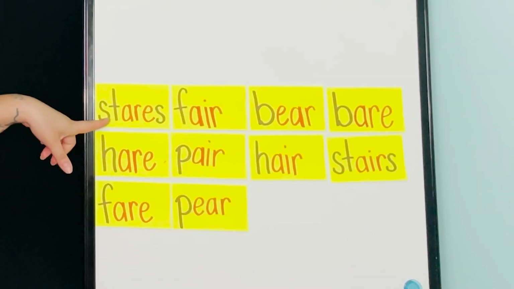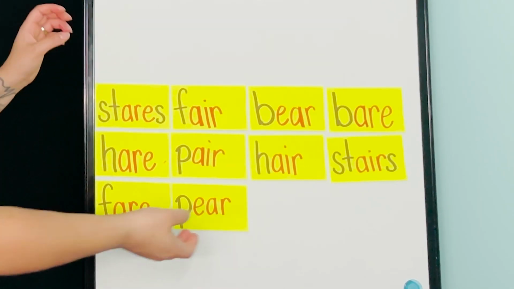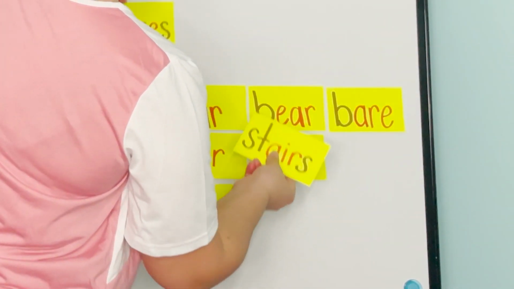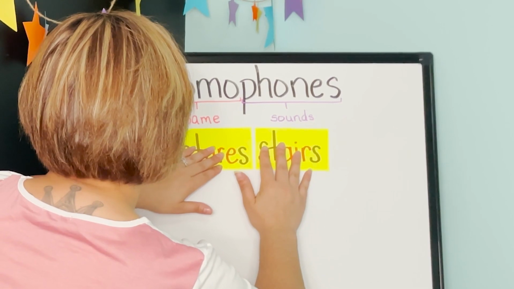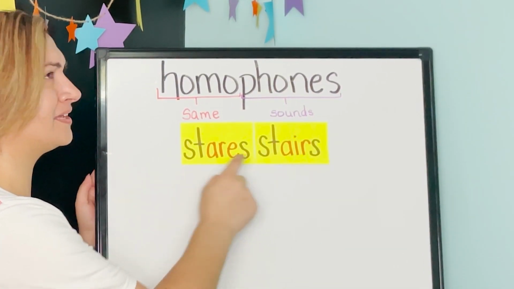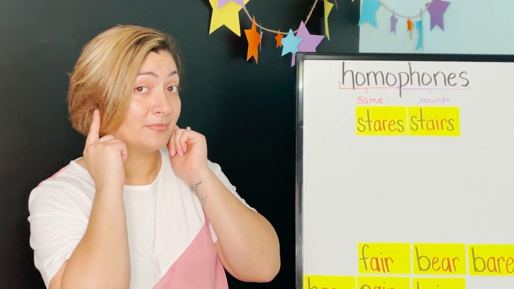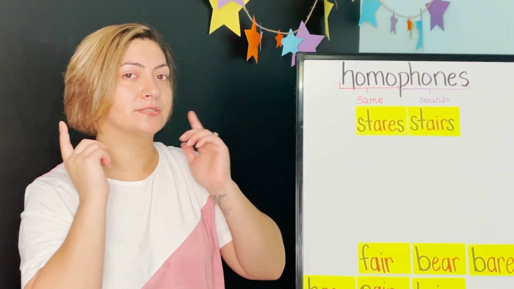All right, let's start with this first one, stairs. Did you see another word that also said stairs? Yes. Nice job. Let's put these two together. Stairs, stairs. But these two words might sound the same, but they have different meanings.